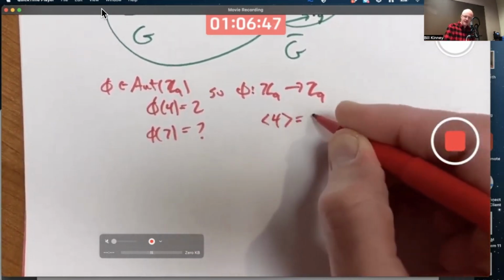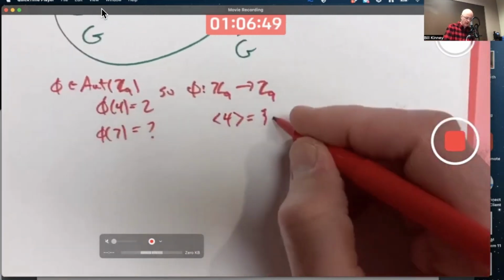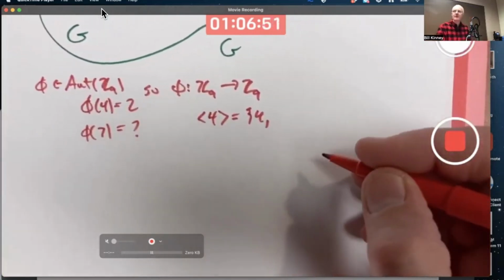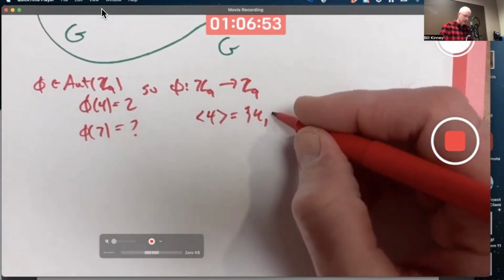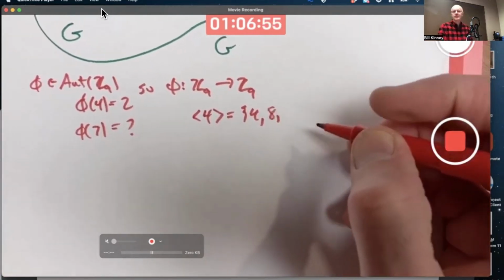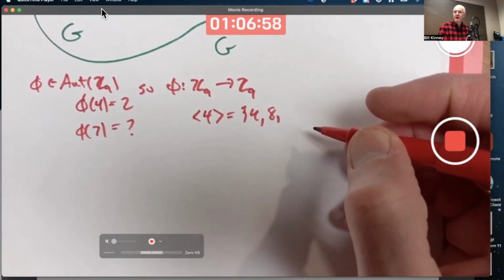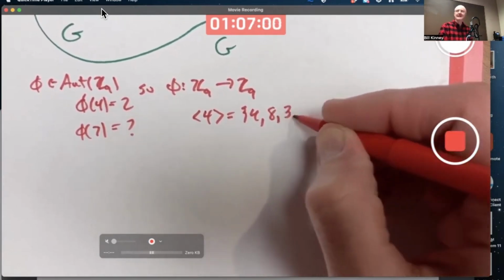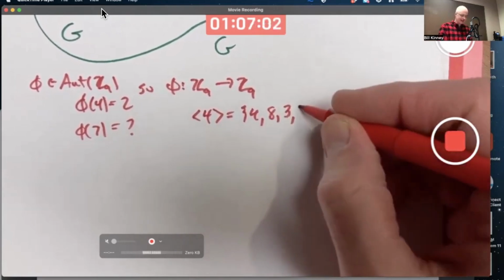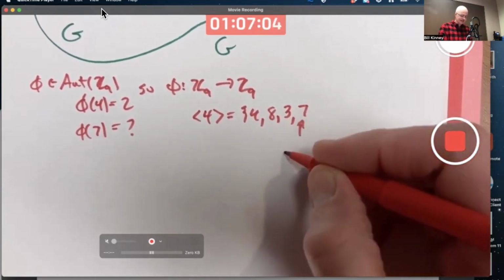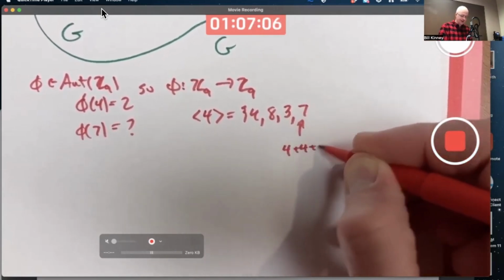Think about that. The cyclic subgroup generated by 4: 4, 4 plus 4 is 8, 4 plus 4 plus 4 is 12, mod 9 is 3. Add another 4 gets 7. Oh yeah, 7 is 4 added to itself 4 times.